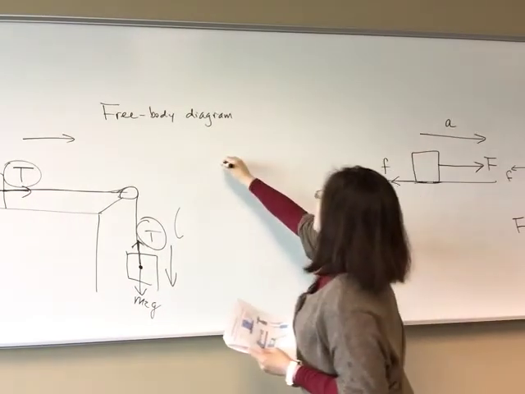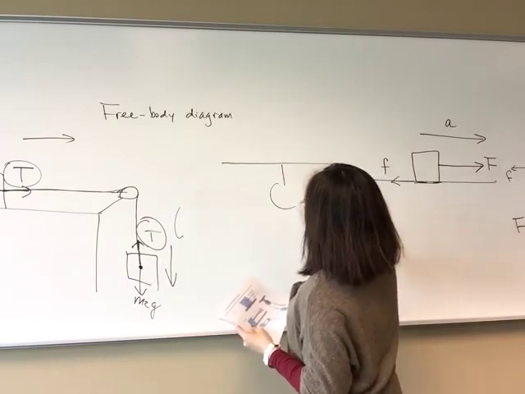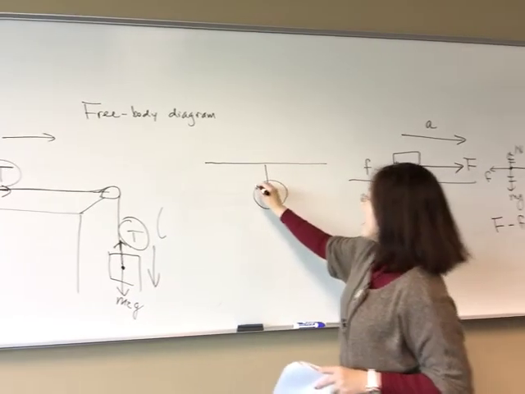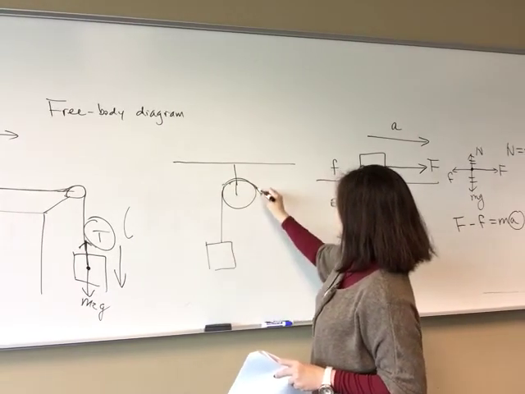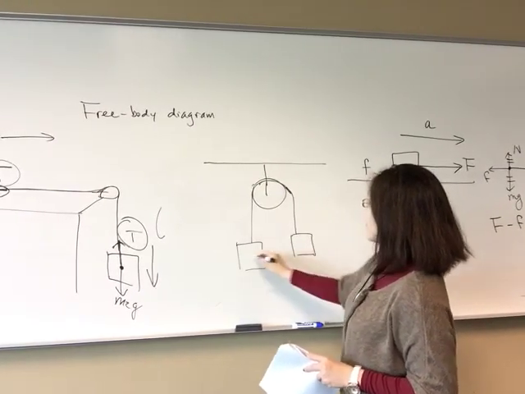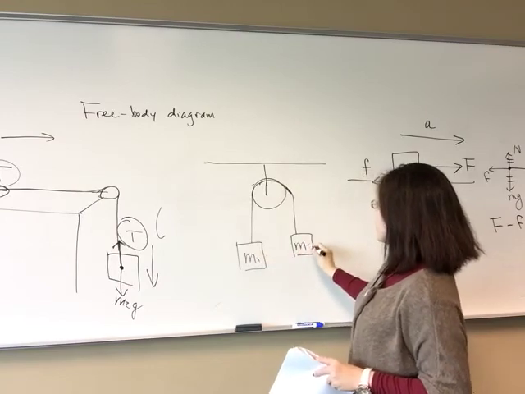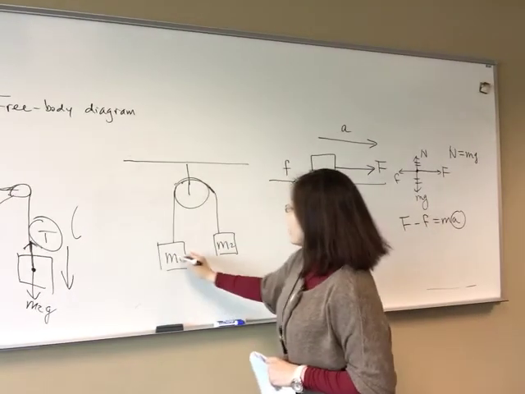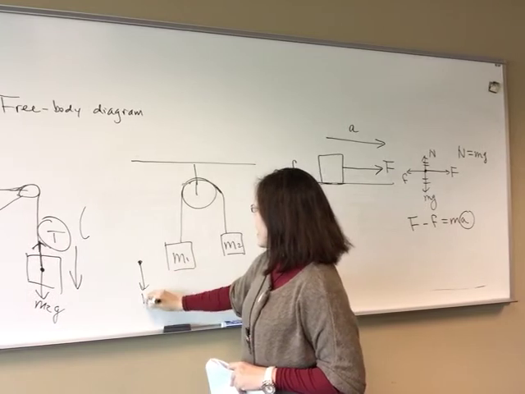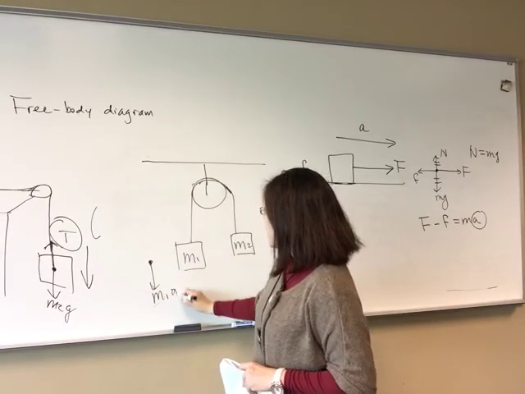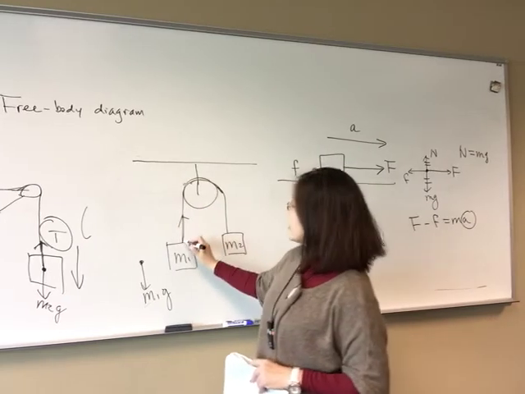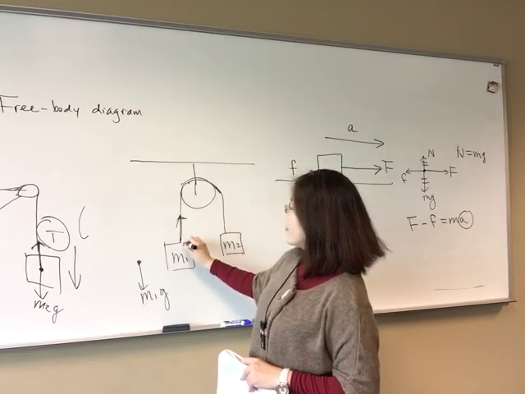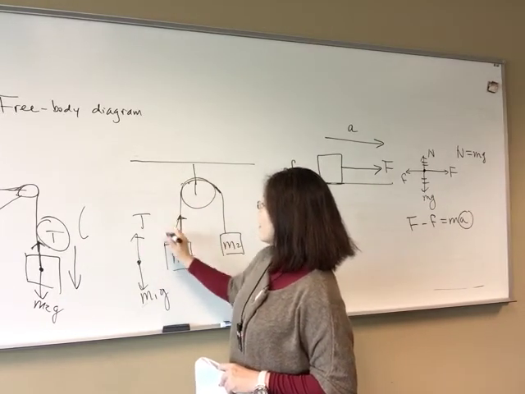So we have another pulley, and let's say you have a rope, and this is an object, and this is another object. Let's call them m1 and m2. Just by looking at the free body diagram, for m1, you have m1g and the tension in the rope. The tension is away from the contact point, so you have the tension going that way.